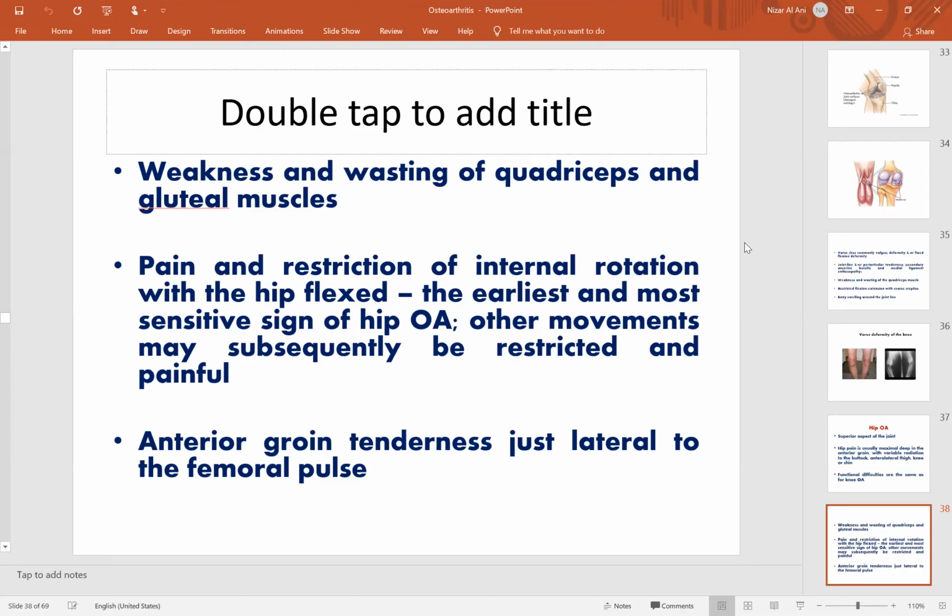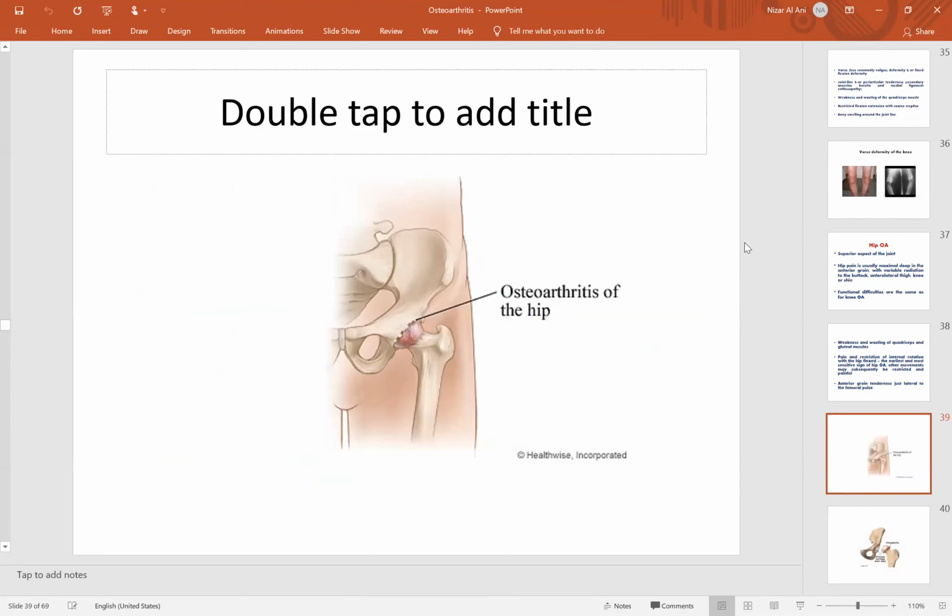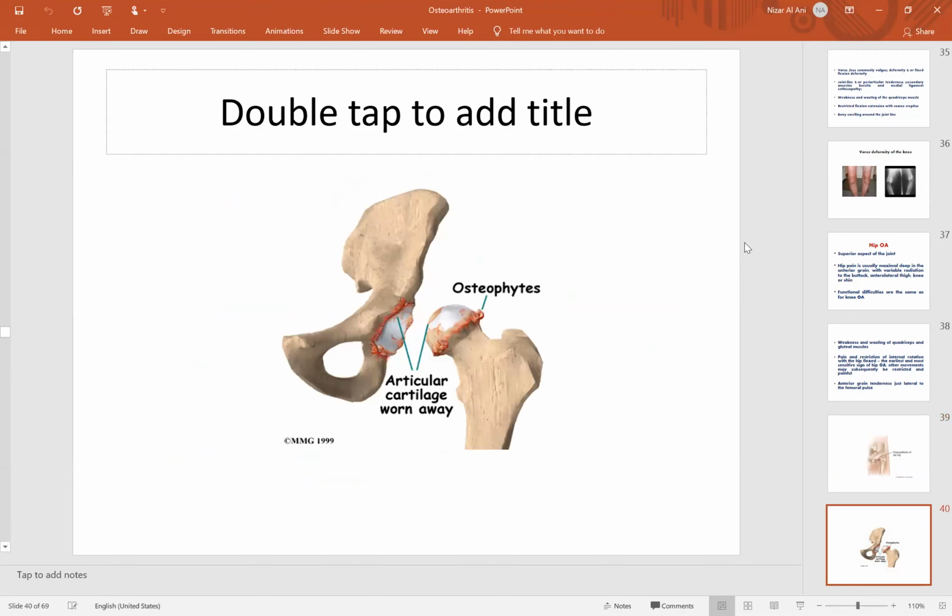Weakness and wasting of quadriceps muscles also occur in addition to gluteal muscles. Pain and restriction of internal rotation with the hip flexed during examination is the earliest and most sensitive sign of hip OA. Other movements will be restricted later on. There is anterior groin tenderness, just lateral to the femoral artery pulsation. This is the osteoarthritis of the hip.